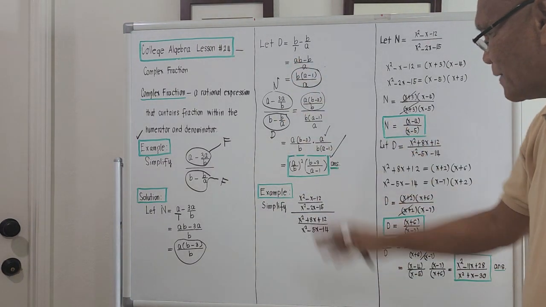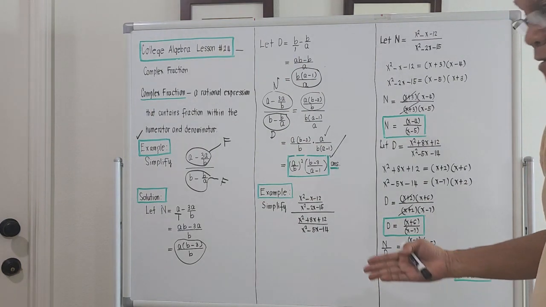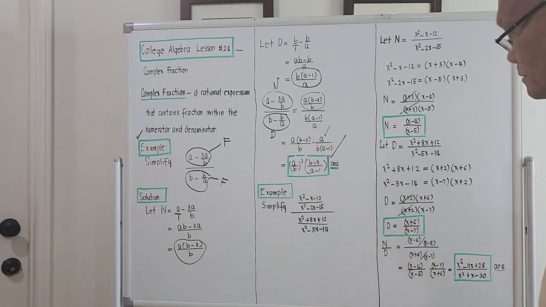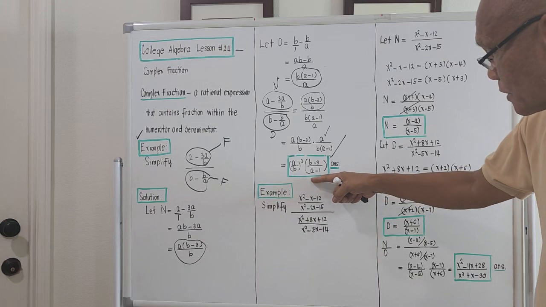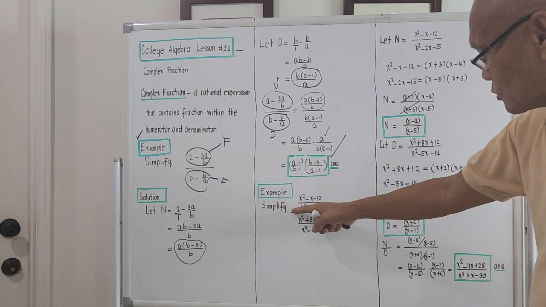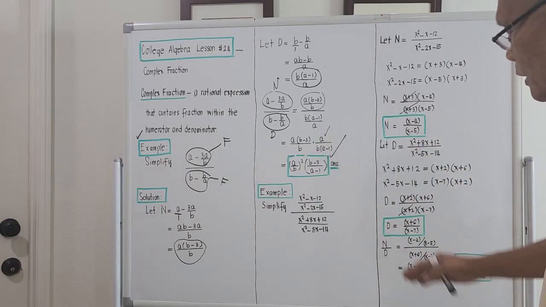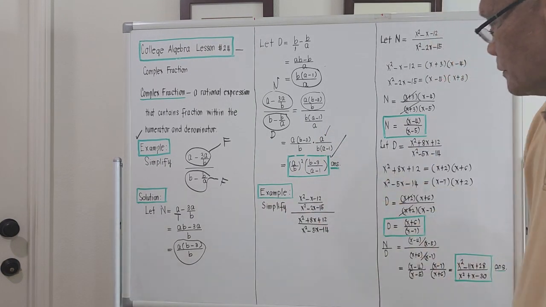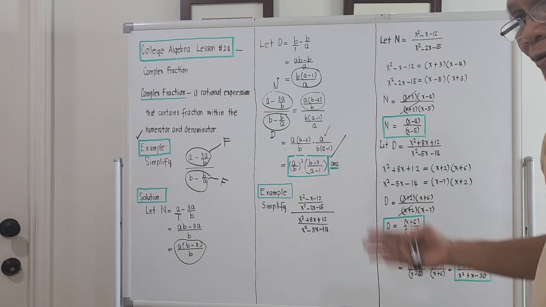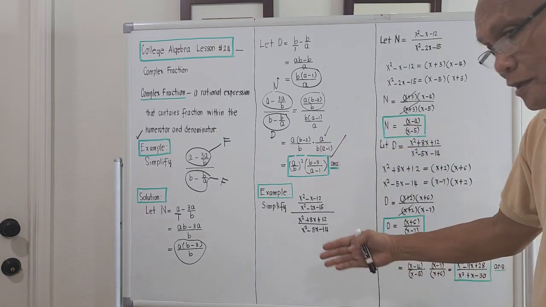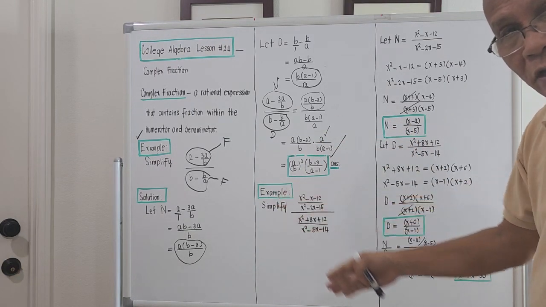Simplify the given complex fraction. It is more complex. X squared minus x minus 12 over x squared minus 2x minus 15, that's the numerator, all over the denominator, which is also a complex fraction. It involves quadratic equations.